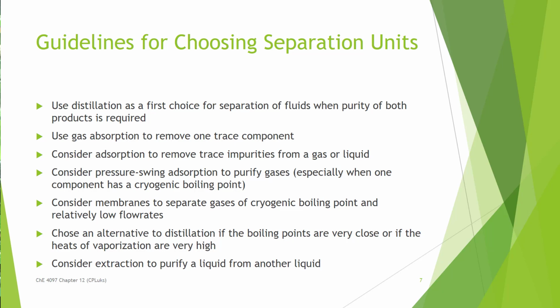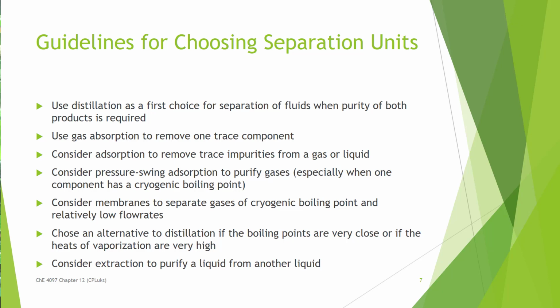And we can use adsorption when we're trying to remove a trace impurity from gases or liquids. Pressure swing adsorption is useful when you're trying to purify gases, especially if you have a cryogenic boiling component in there. Membrane separations are useful for separating gases with cryogenic boiling points, or if they have low flow rates, membranes are useful.